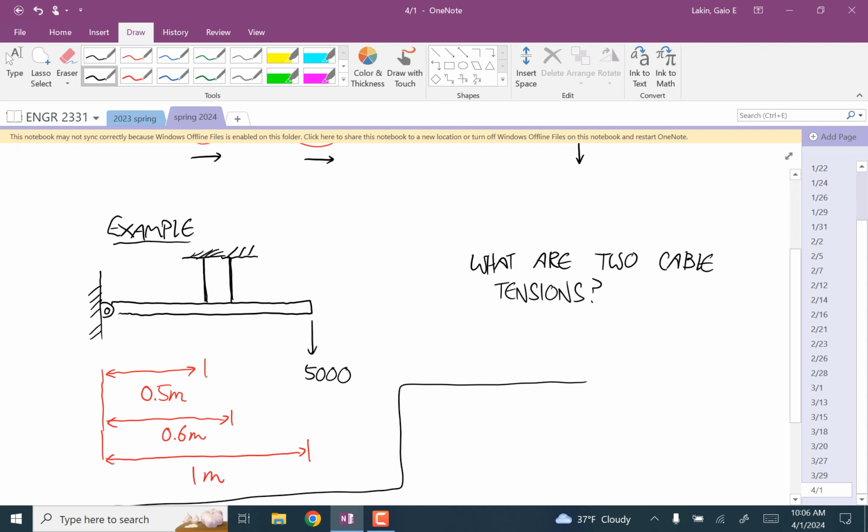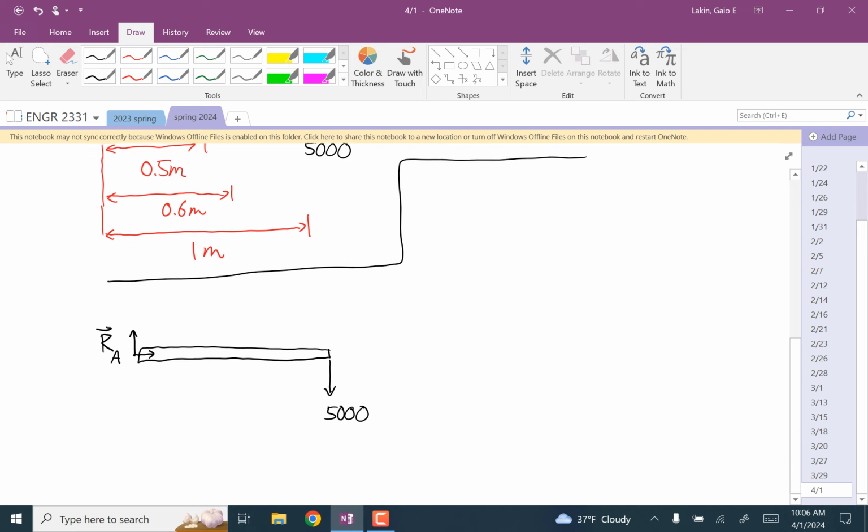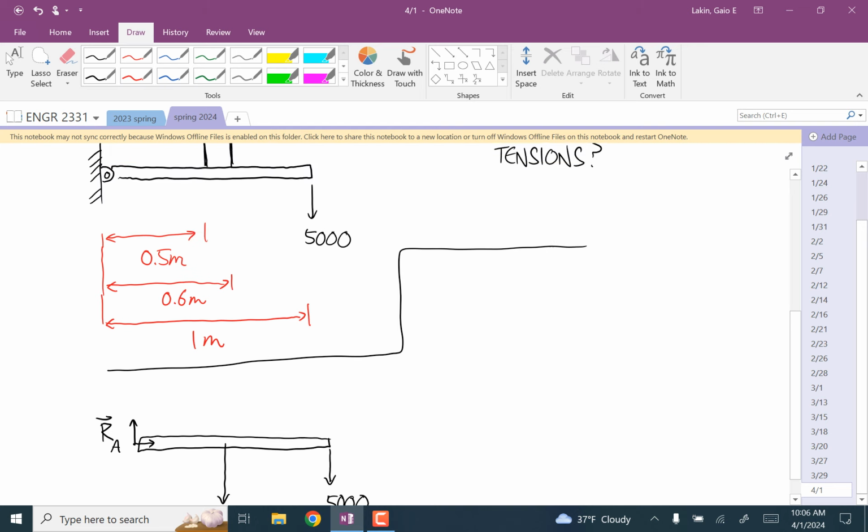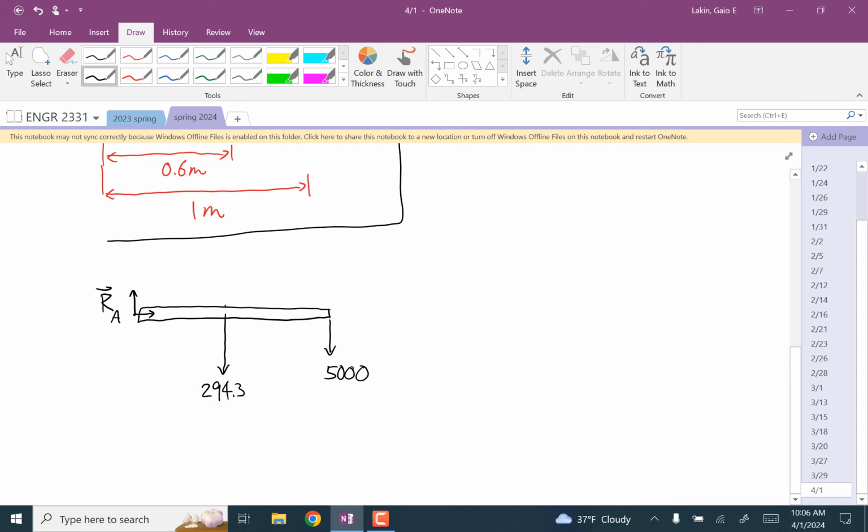So let's say that the mass of the bar, that's 1 meter long, is 30 kilograms. So then there's going to be a weight force at the center of 30 times 9.81, 294.3. And then the only other forces are the two cable forces. I'll call that T1 and T2.